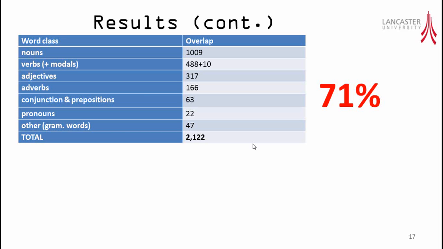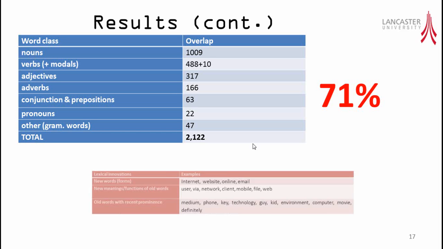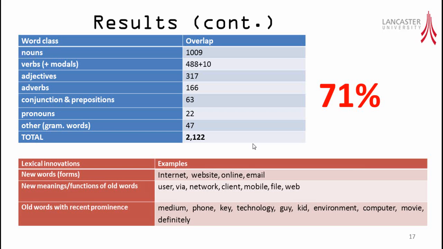As I said, we were also interested in lexical innovations, the new words and the new meanings of old words that crop up in the current language corpora. Here you can see that in the research we were able to identify new words, new forms such as internet, website, online and email.